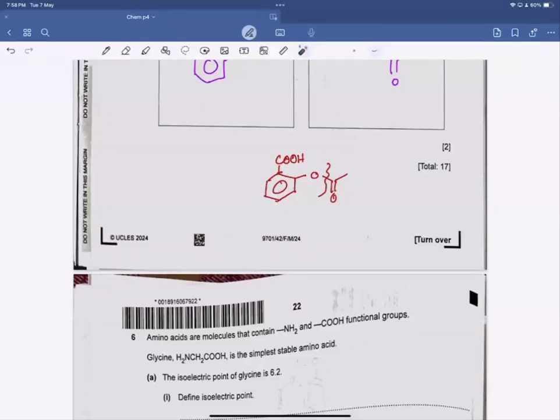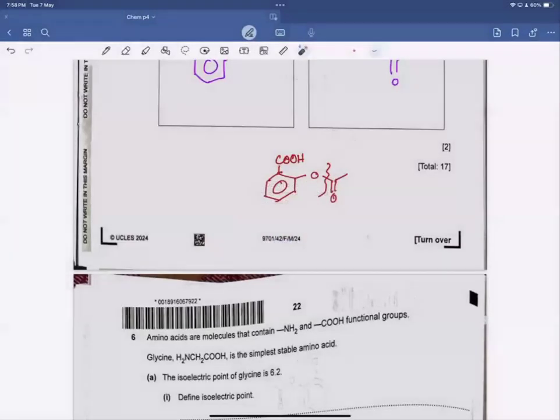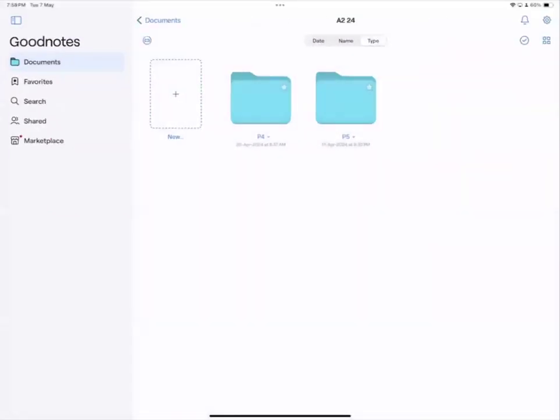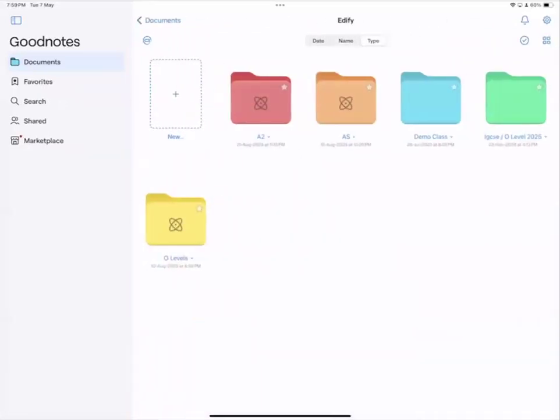Okay. I'll share the notes with you guys as well. Let me show you over here the hydrolysis.